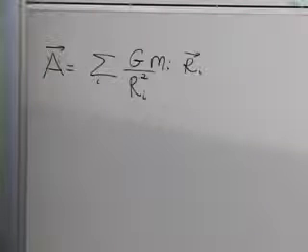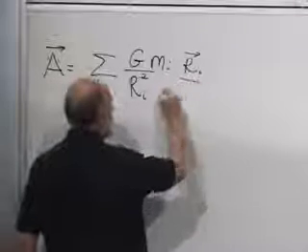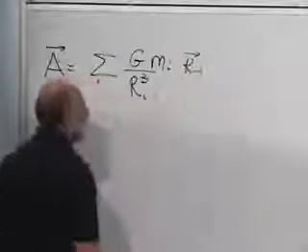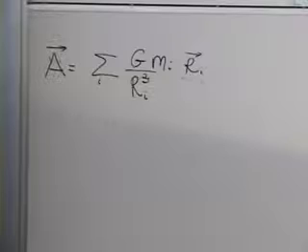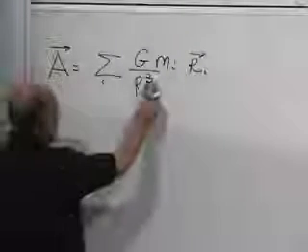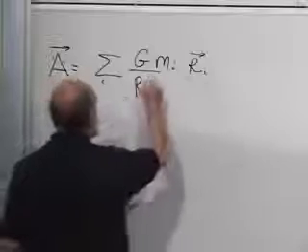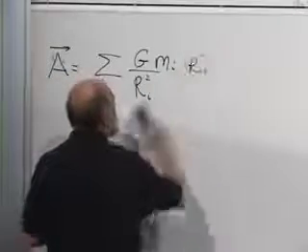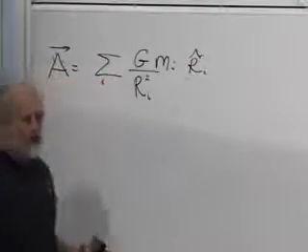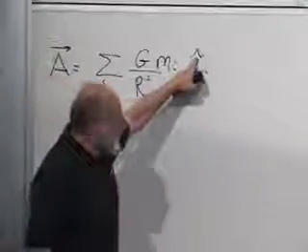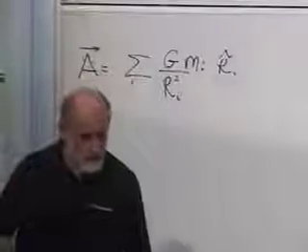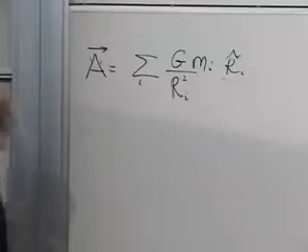We have to put another one in the denominator. We have to make this cubed, because the length of this is r. Another way to think about it is to leave it as r squared and think of this as a unit vector. The symbol for a vector of unit length is a vector with a little hat on top of it. Little hat on top of it means unit vector, a vector of unit length.